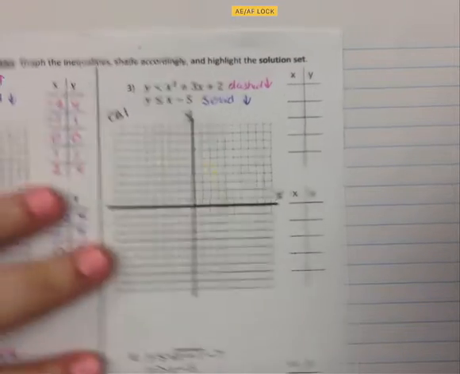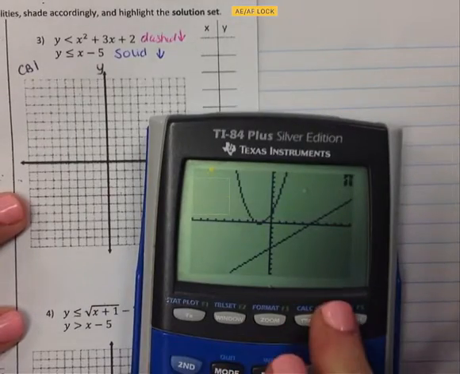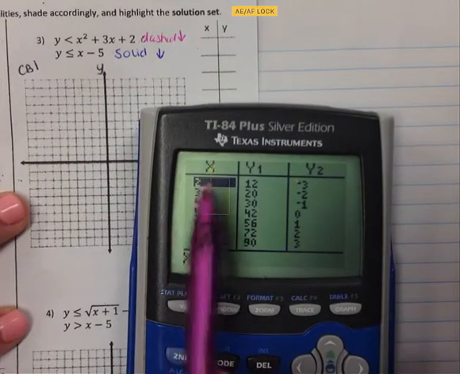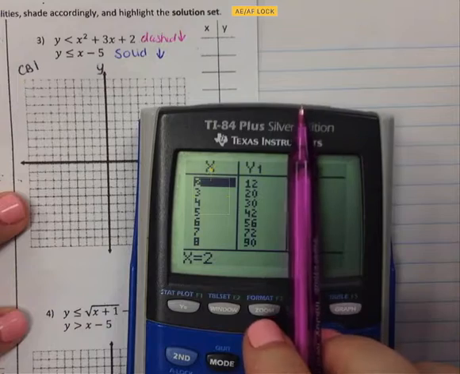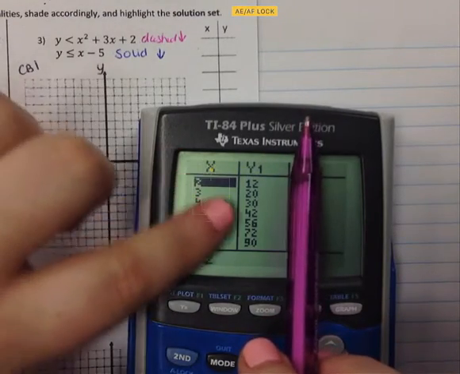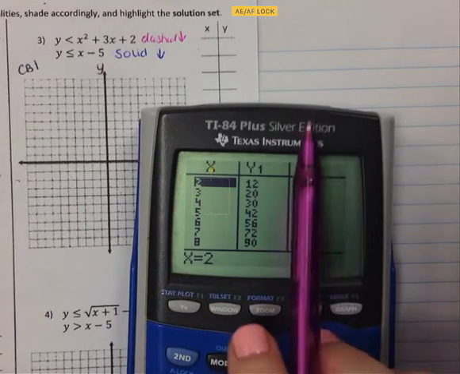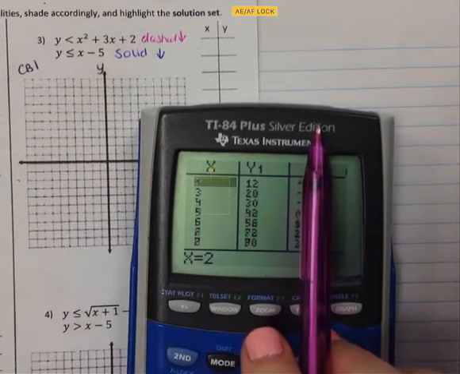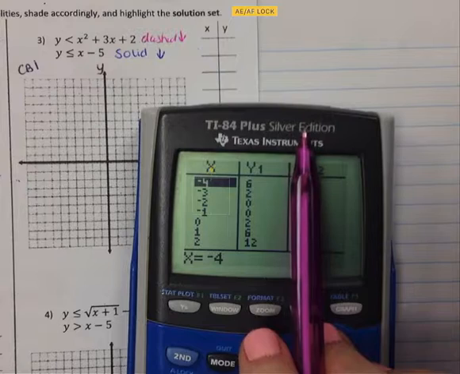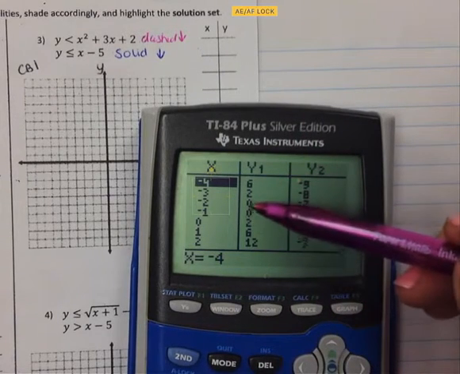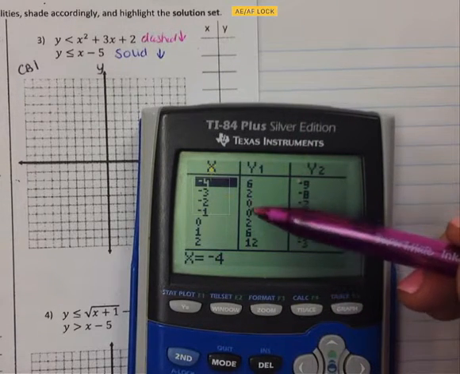So for the pink, for the parabola, I'm going to go to my second graph, and my parabola was the y1s. So if I don't look at the y2, I want to look at the x's and y1s. These y's are not good, so I'm going to scroll up until I find good values. These values are actually pretty good, and you can see that 0, 0 repeats right after each other.